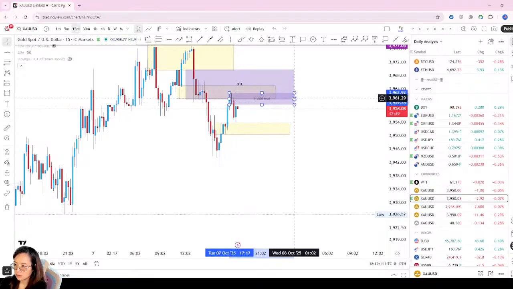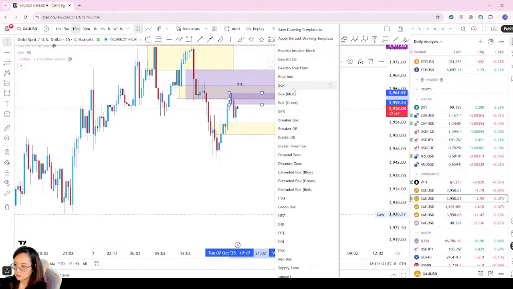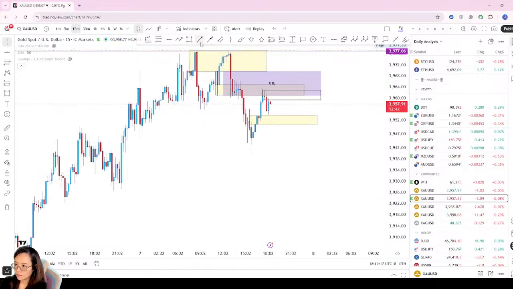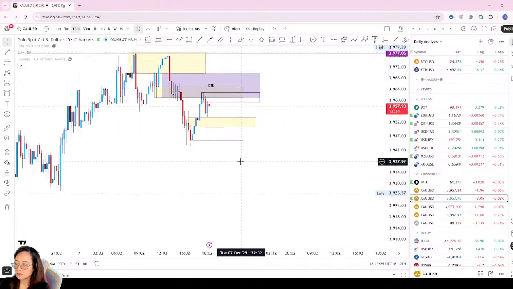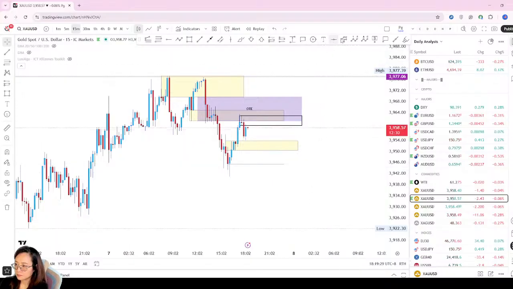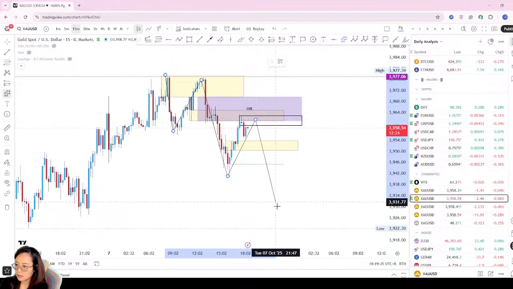This is another sell entry, the box here. You should aim for the first one at this low first, TP for the sell entry, because this should go to this and then fall.